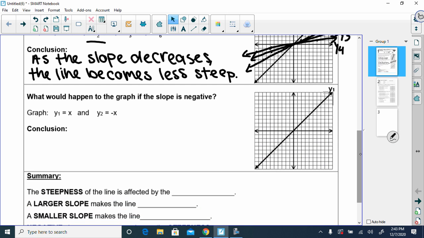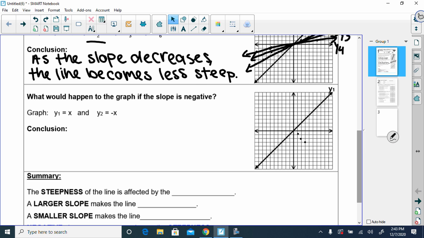Okay, on this third one, it says, what would happen to our graph over here if we make the slope negative? So they already graphed a positive slope. They want us to graph a negative. So what's the only difference going to be? One's going to be going the opposite way. Yeah, that's going to be going the opposite way. So instead of going up 1 over 1, I'm going down 1 over 1.